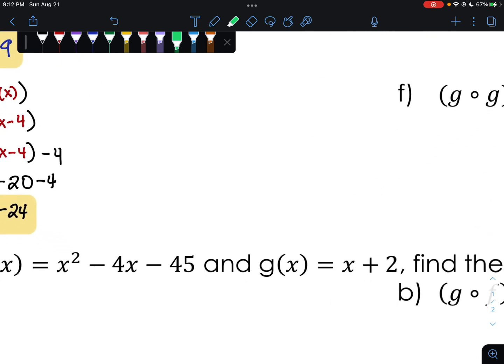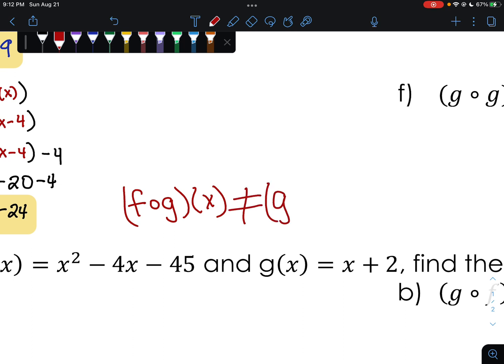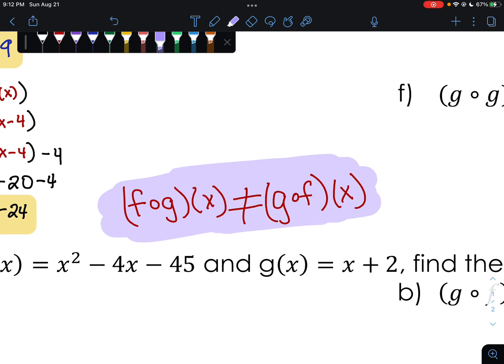So make a note off to the side or right here in the middle, something that you're going to be able to see. f of g of x does not equal g of f of x. Okay, that is important to know right there. Those are not the same. They are not equivalent. This is not a commutative property.